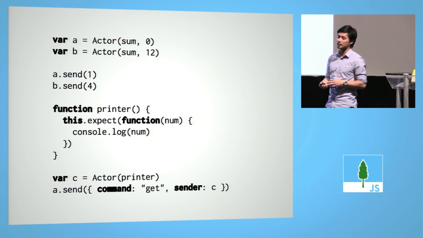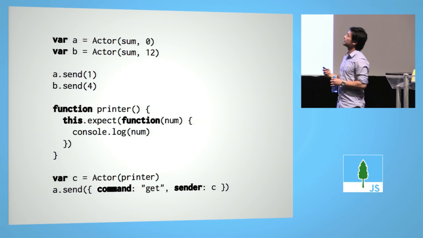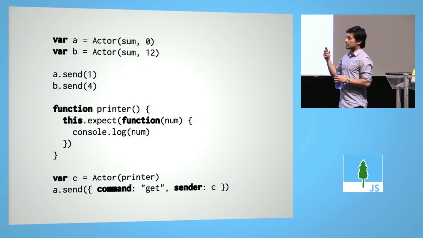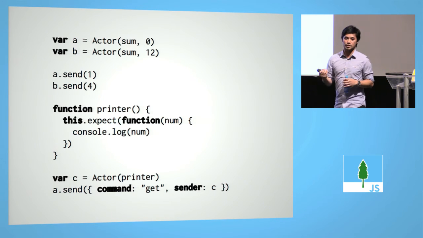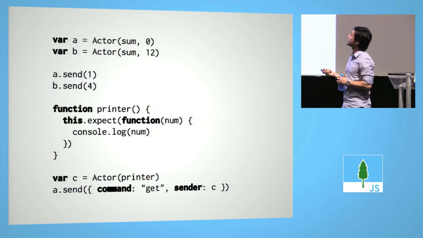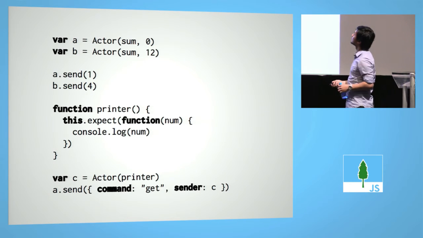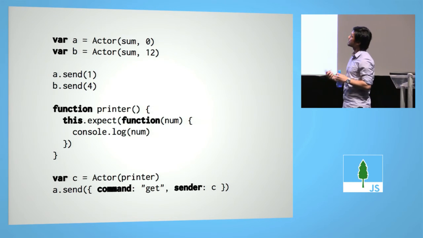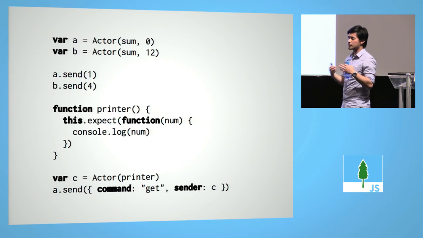Imagine that there's such a thing called actor that takes in this particular actor definition, sum, with an initial state. So the first actor, A, has an initial state of 0, and B has an initial state of 12. You can send them both some messages. And remember that the actors can communicate with each other through message passing.